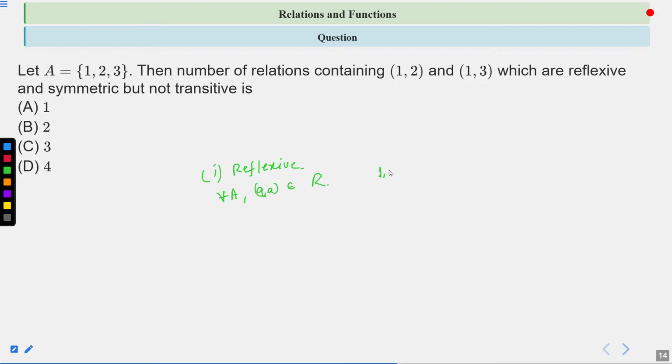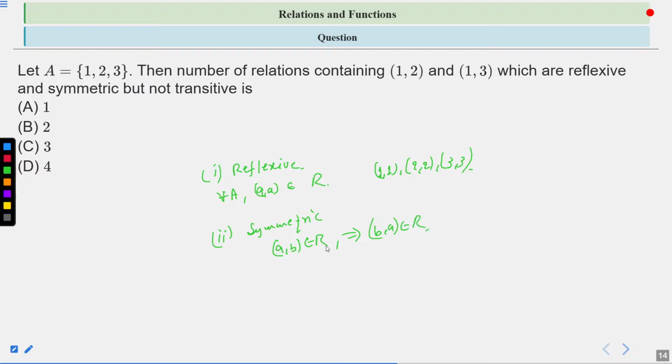So (1, 1), (2, 2) and (3, 3) must be there for the relation to be reflexive. Clear? Now for symmetric, what is the condition? For symmetric, the condition is if (a, b) belongs to R, if (a, b) is present in the relation R, then this implies (b, a) must be present in the relation R, right?